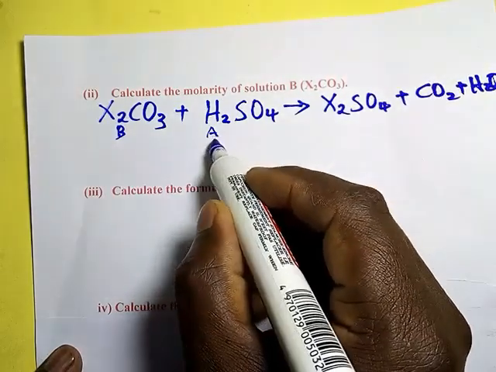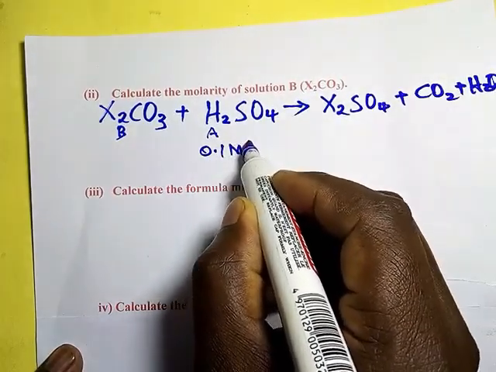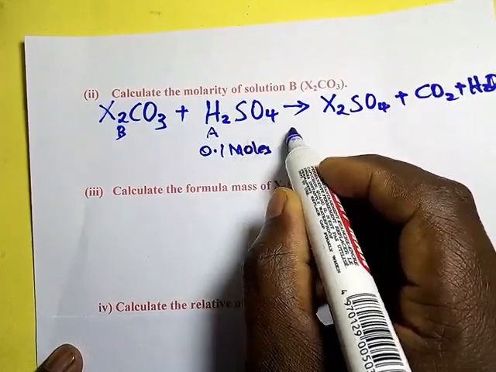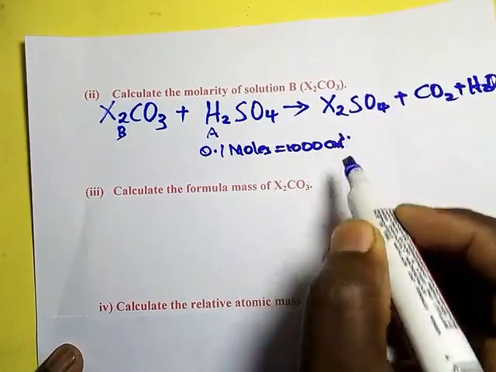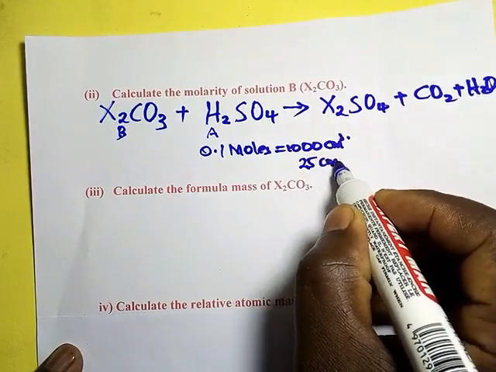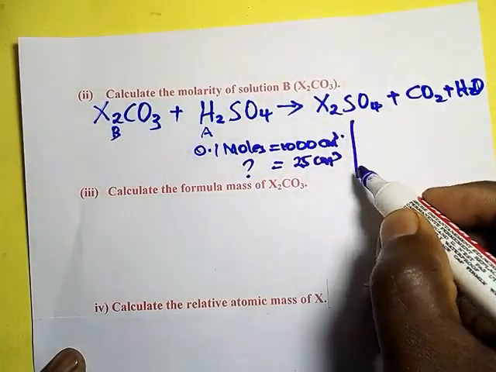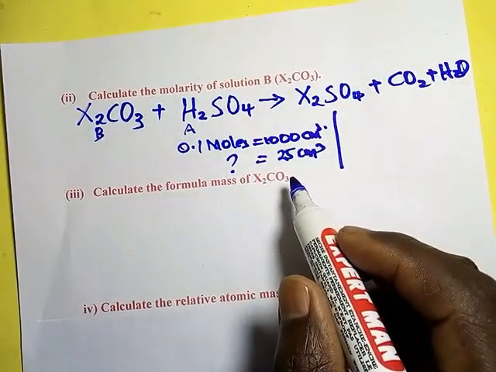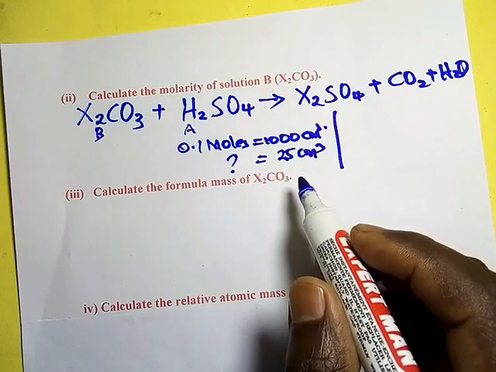What we know is that 0.1 is the number of moles of sulfuric acid in 1 liter, 1000 centimeters cube. We will ask what 25 centimeters cube will give us in moles. Use your calculator.